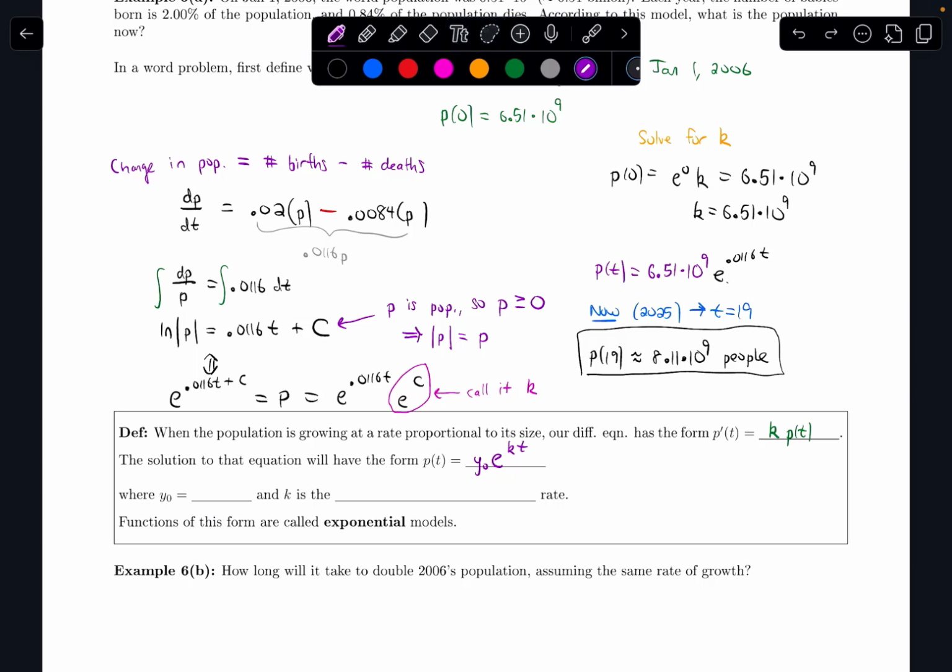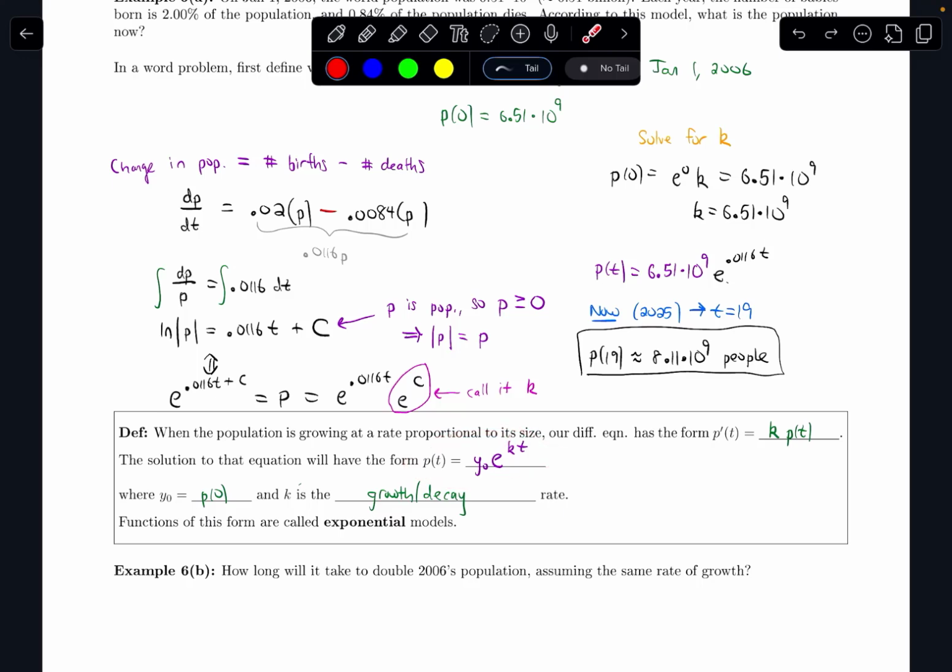All right, where y naught, the constant in front, notice that was just this initial value. So y naught is what I get if you plug in 0 into your function for p of t. And k is called the growth or decay rate. And that depends on if it's positive, then it's a growth rate, or if it's negative, then it's a decay rate, it's shrinking. So when I have a function of this form, it's called an exponential model, right? This is an exponential function.